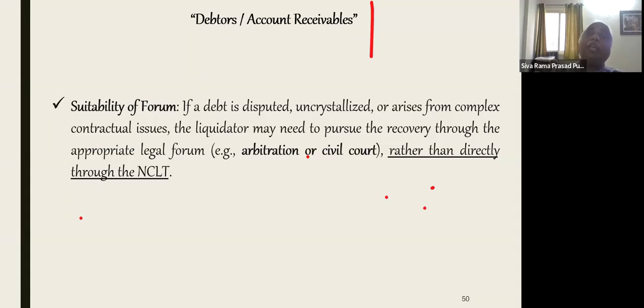They should not be stale. If some bill of exchange is going to be time barred, the three years are getting over, then immediately before three years you have to file in civil courts or arbitration.